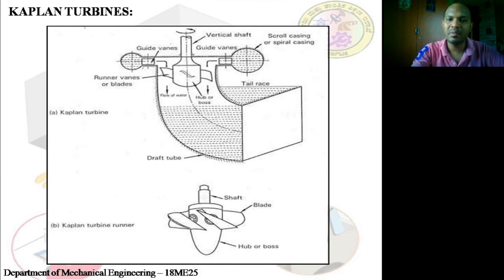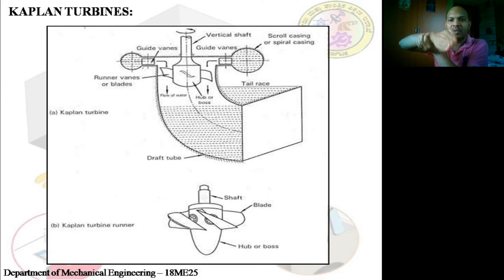We also have guide vanes as in the case of the Francis turbine. The water comes over here, and as in figure B, you can see the blades. These blades are fixed here like this, and they can be tilted depending upon the load variations. This is how it will be.